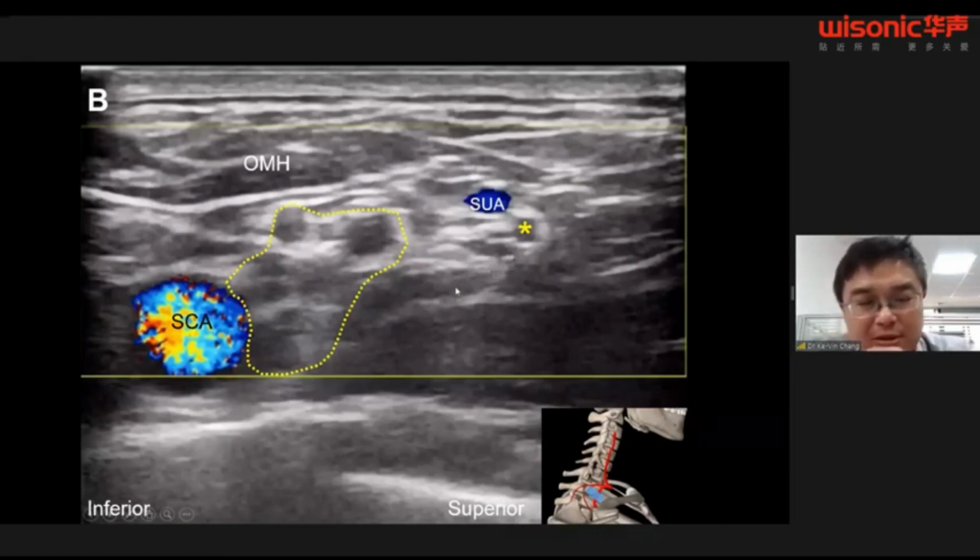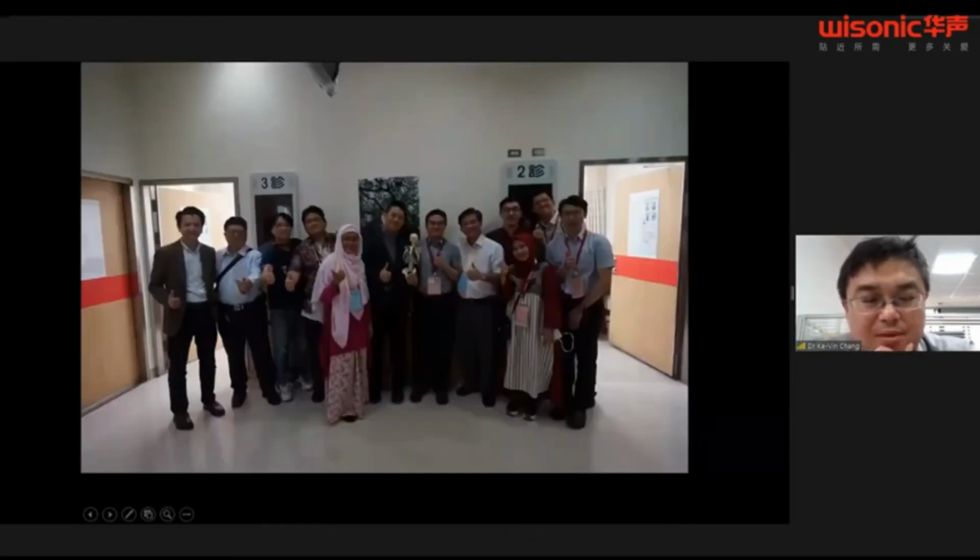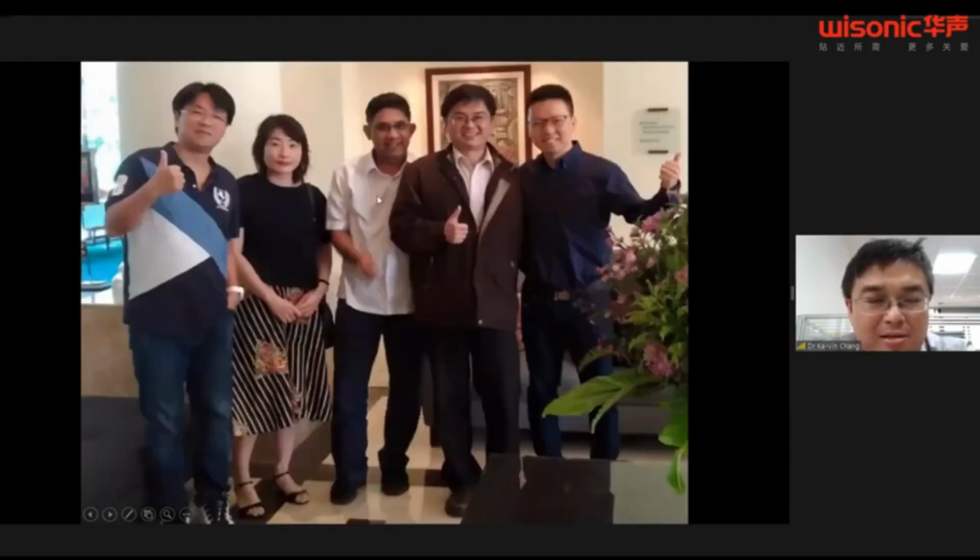It then goes to the supraspinatus muscle on top of the transverse suprascapular ligament. If you put your transducer at the level of the supraclavicular brachial plexus, you are going to find the superior trunk, middle trunk, and inferior trunk. And then there are two arteries. This is the subclavian artery, and the transverse cervical artery sometimes pierces the brachial plexus and courses to the posterior part, and then it becomes the dorsoscapular artery.